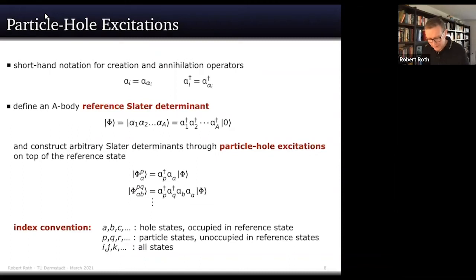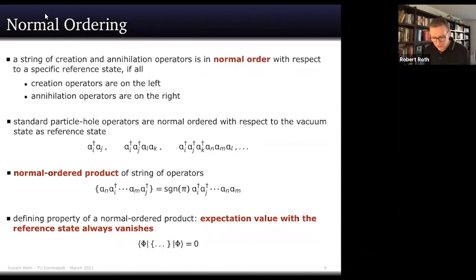Now with this, you can start to understand and define what the term normal ordering of operators means. It's a statement about the ordering of a chain of creation and annihilation operators that are connected by an operator product.